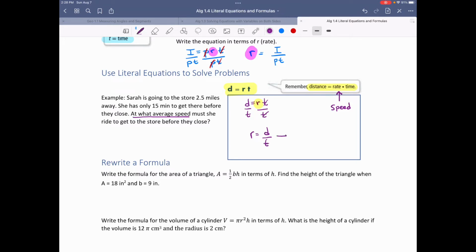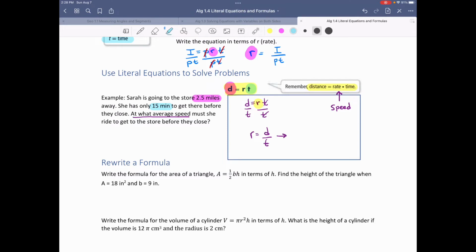Now we can figure this out because we know the distance, right? We know the distance is, we'll use different colors. The distance was 2.5 miles, and the time was 15 minutes or less, right?